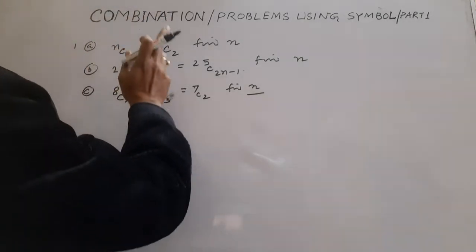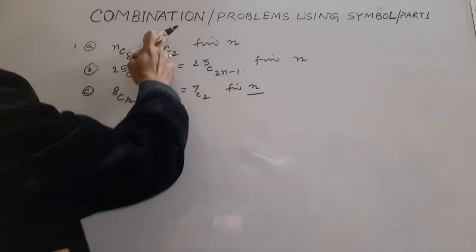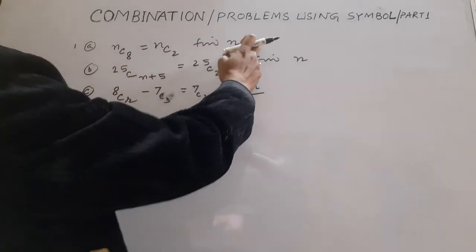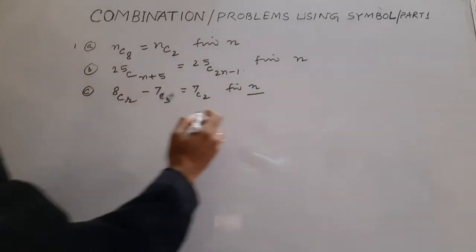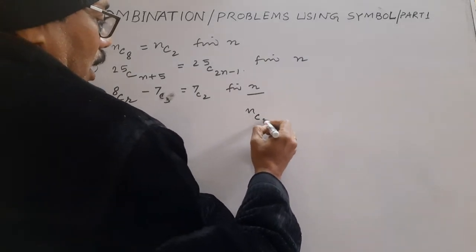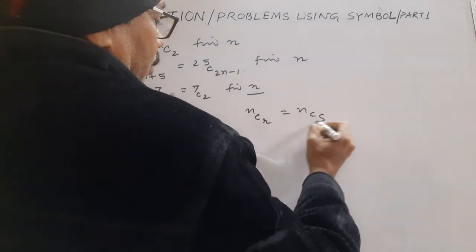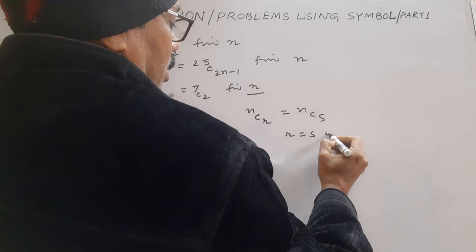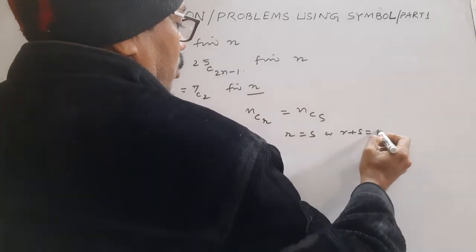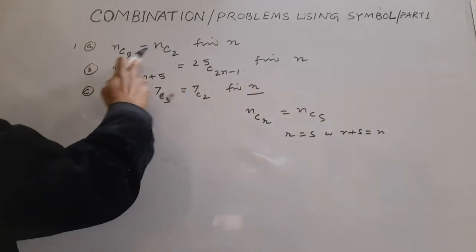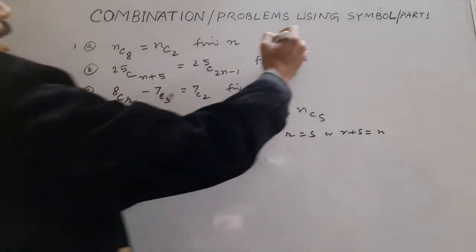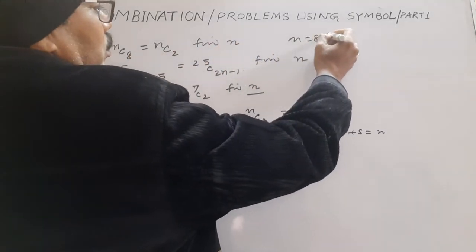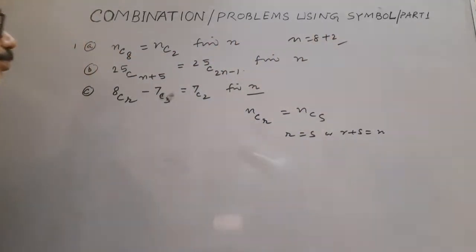So, 1 mark problem: nC8 equals nC2, n equals what? So, nCr equals nCs, so r equals s or r plus s equals n. So, 8 equals 2 is not possible. So, what is n? 8 plus 2, 10.